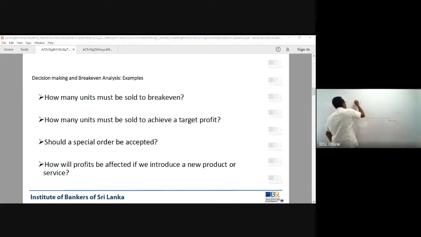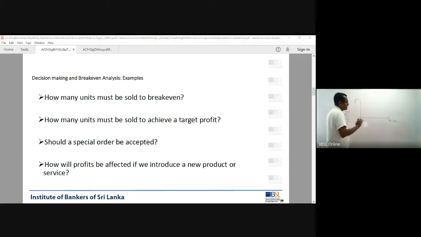This is value in rupees. Right? P&L equals turnover, direct cost, gross profit, fixed cost, PBIT, interest, net profit, right?